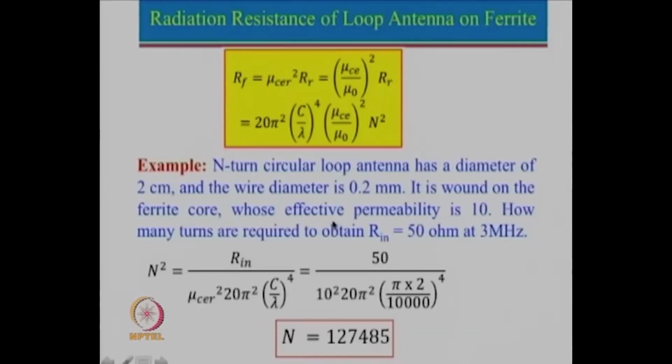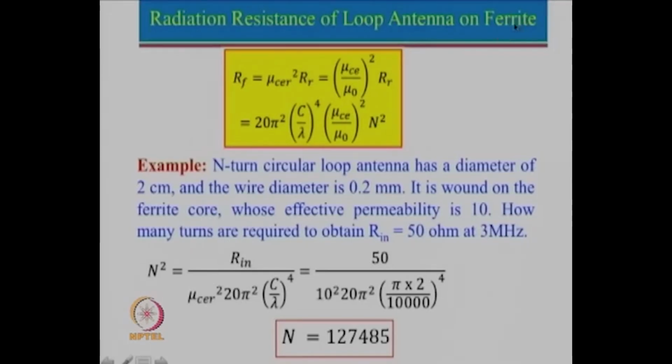So many times this loop antenna is actually put on a ferrite core, and I will tell you the reason also. A practical example is the AM radio receiver, which generally uses a loop antenna wrapped around a ferrite core.